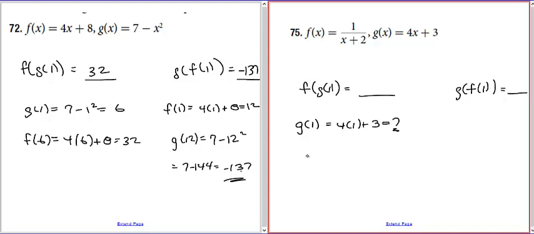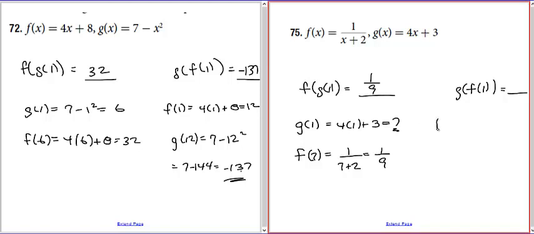Then use this number to evaluate the function f of 7. So that's 1 over x plus 2, but x is 7, so we get 1/9. So the answer here is 1/9. Because if I just did f of 1 it would be 1 over 1 plus 2, which would be 1/3. But I'm doing f of g of 1.